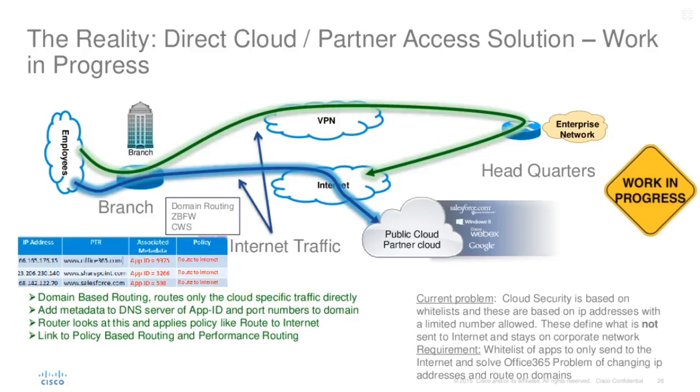First problem I have is I have applications like Office 365. Office 365 has 160 plus IP addresses out there, and those often change every month. And the way that most routing systems work, in order to route traffic a certain way, is I have to know the IP address in order to route that traffic out.